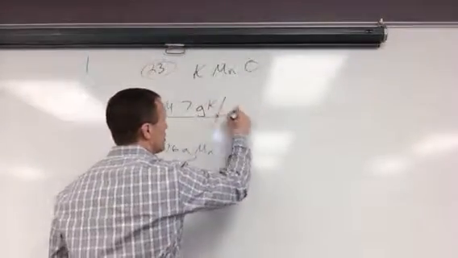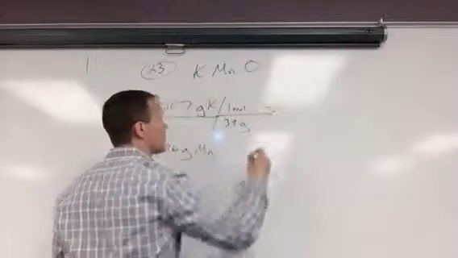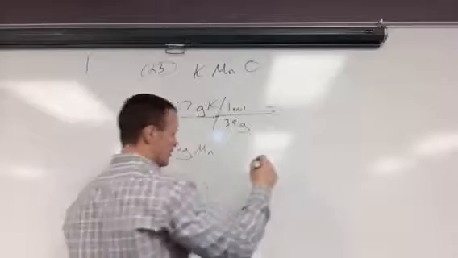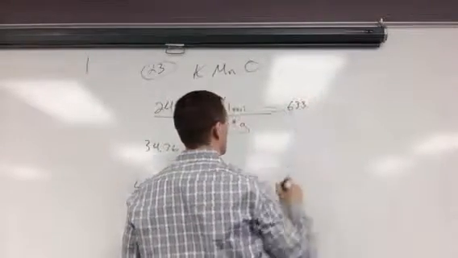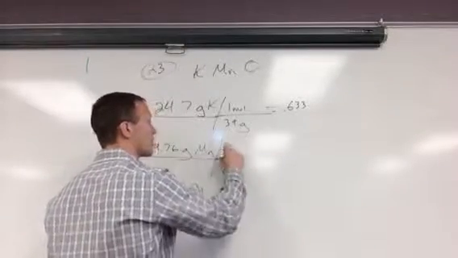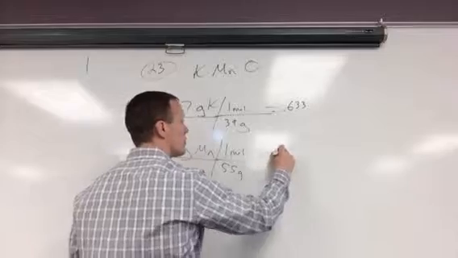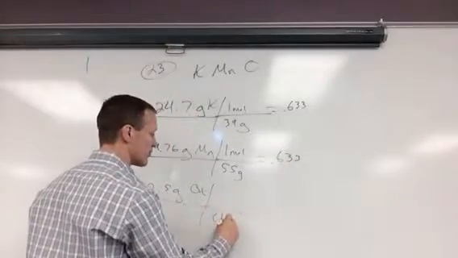So divided by the molar mass of potassium, that's 39 grams for every mole. So I do that, I get 0.633. Do the same thing for manganese, that is 55 grams for a mole, 0.633. And for oxygen, it is 16 grams for a mole.